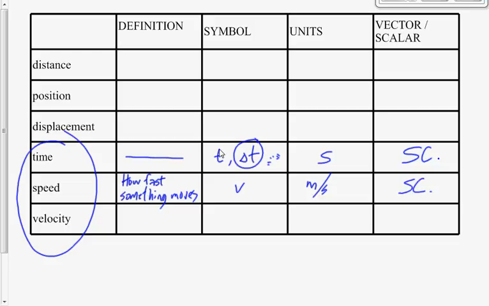Another way that we can determine that it's a scalar: look, no arrow on top of the V. Now you guys are getting ahead of yourselves a little bit. You can find speed by using the equation distance over time. Speed is distance over time.